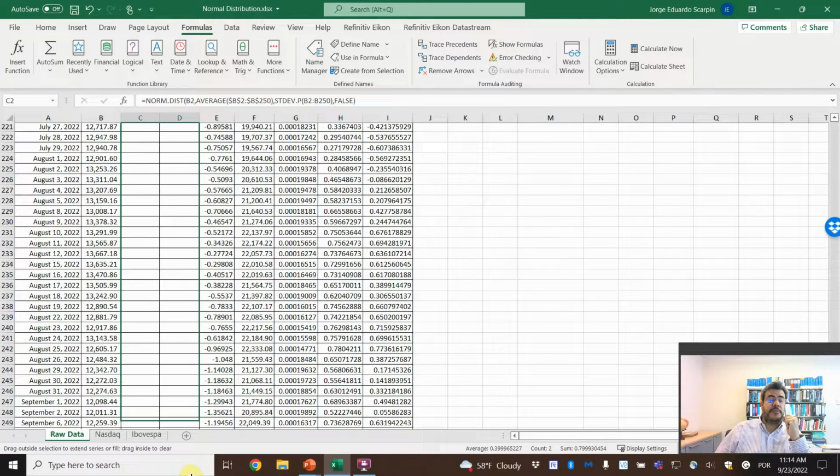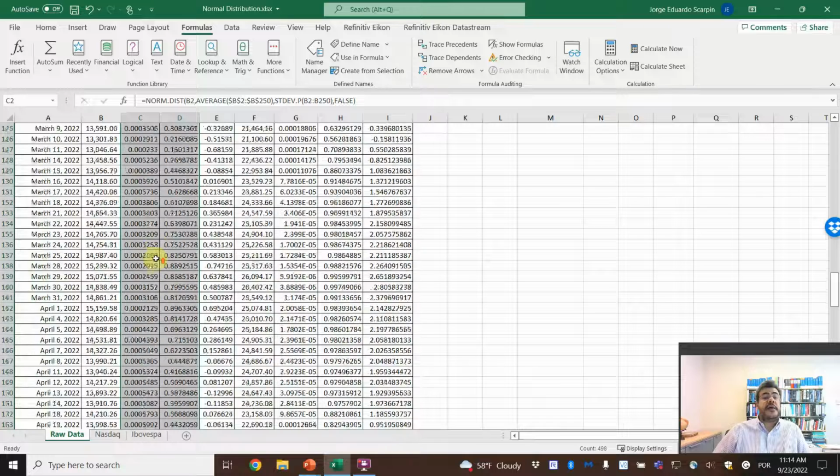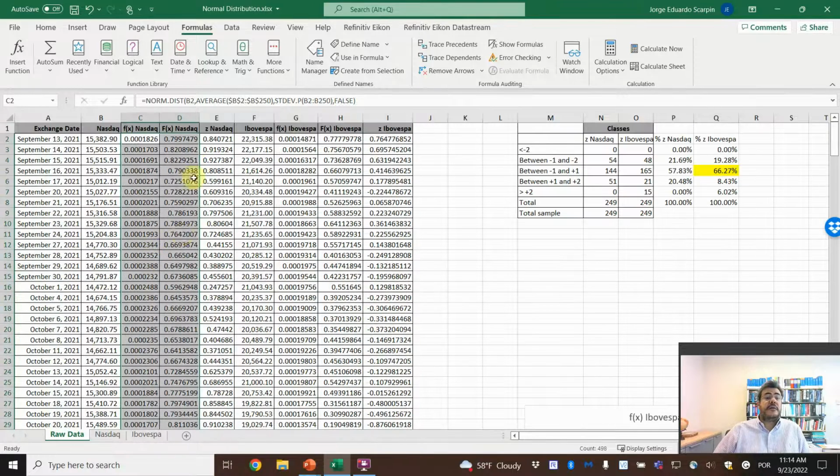And here, copy and paste. And okay. And here, the probability of NASDAQ between these two numbers, between 15,500 and 15,300, is the difference between these two numbers, so 2 point something percent.